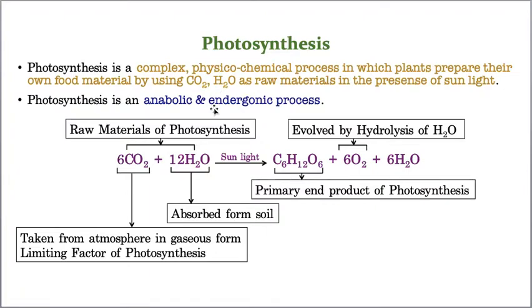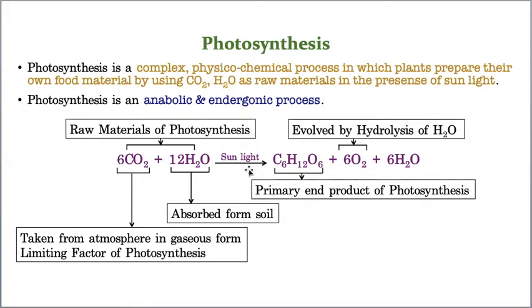And I have to tell you, this particular point has already been asked in your NEET, so you have to remember this point. So I'm going to give a very brief summary. Photosynthesis can be defined as the plants preparing their own food material by utilizing carbon dioxide and water as the raw materials, and by utilizing the sunlight as a source of energy, and this process only you are calling photosynthesis.